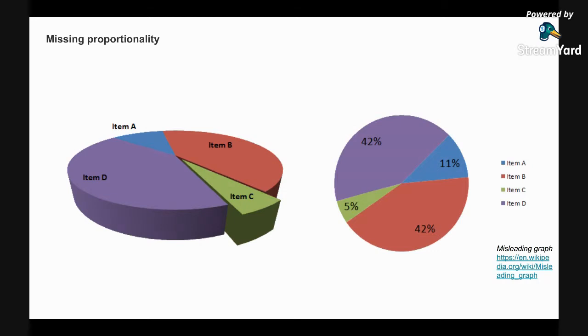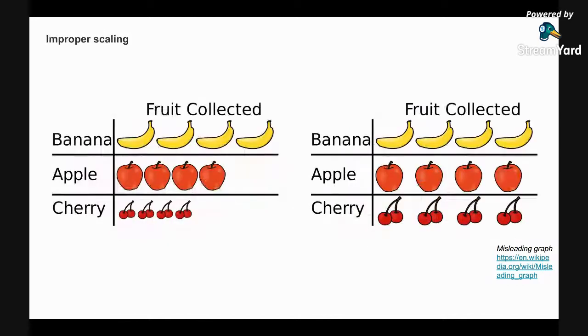In the example of the 3D pie chart, the perspective gives a wrong impression about the proportion of B and D, which are both 42%, but one is perceived as bigger than the other. This is what Tufte was referring to as keeping the proportion between the surfaces and the quantities that are actually displayed.